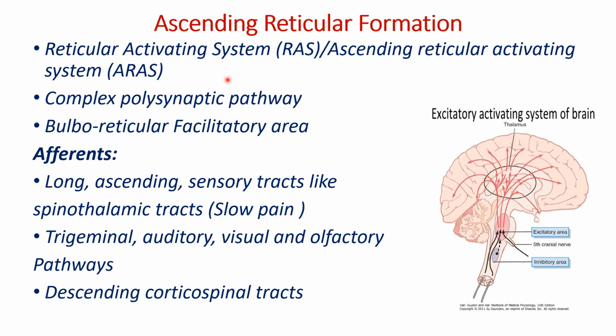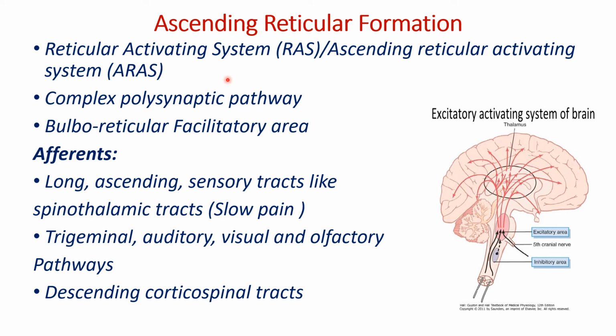So only when you are awake can you feel a sensation. If I touch you when you are sleeping, you may not be aware of it. If I give a very bold pinprick, then you may be aware, but you need a background alertness to perceive anything. So this is the function of the reticular activating system.